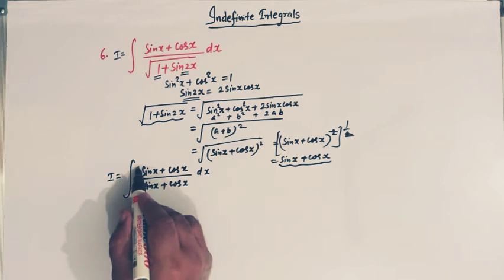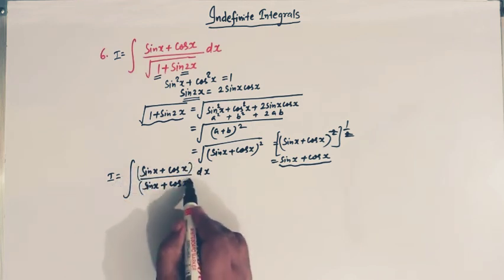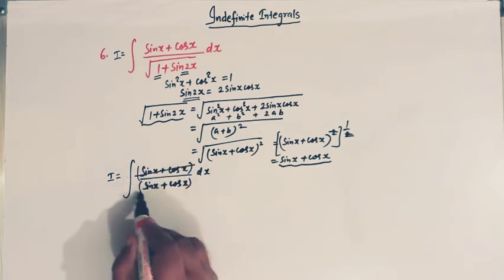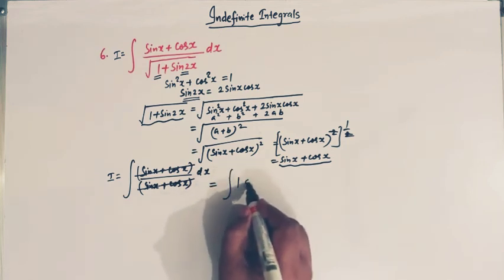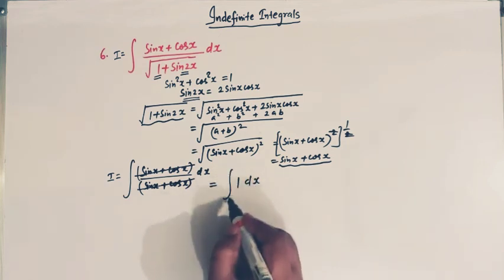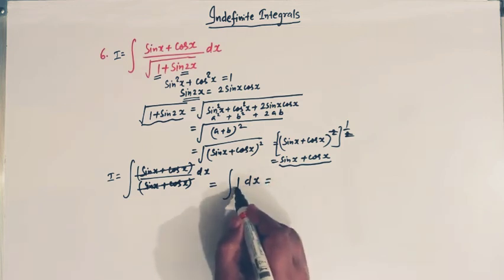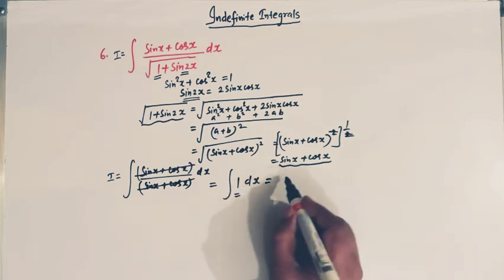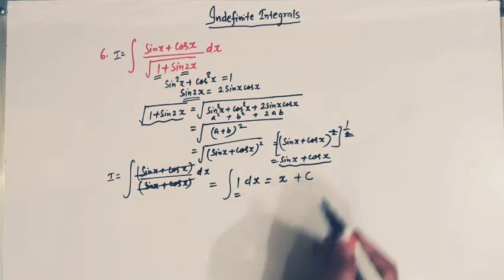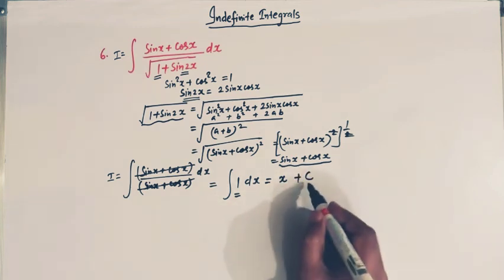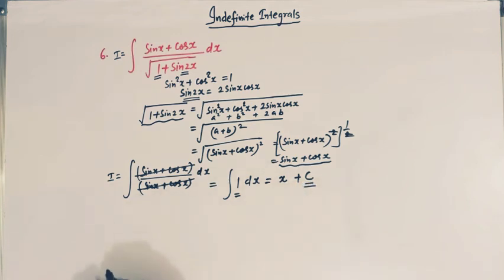The numerator and denominator are equal, so they get cancelled, and we are left with 1 dx. The integral of 1 is simply x, and here we have the constant of integration c.